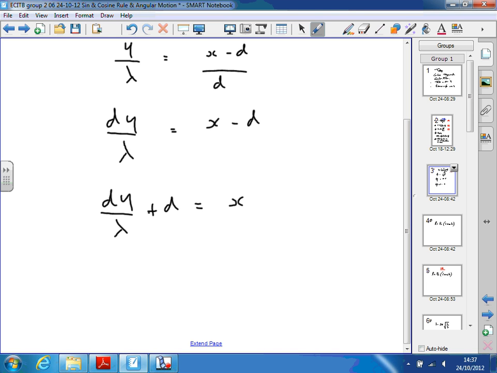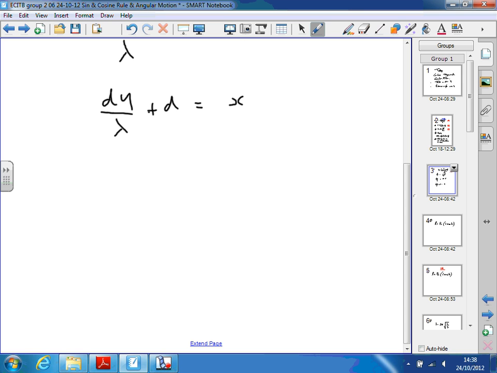What does that mean, factorise? Take a common term outside the bracket. So I'm going to introduce a bracket here, take d outside the bracket. What have I got to times d by to get the first term, y d over lambda?